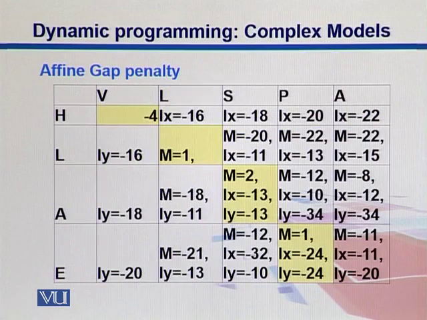The traceback pointers are on here; I'm just zooming into a part of it. Over here we try to pick where we get the maximum score in any of those states. For example, if we compare all these cells, we see that here match is the best explanation, and the score is 1.